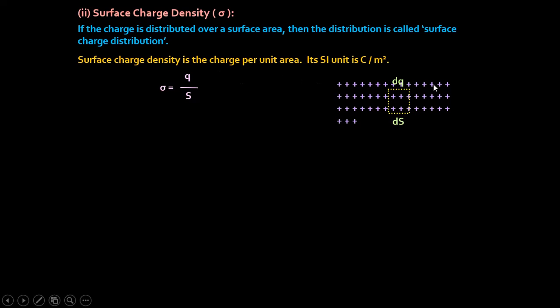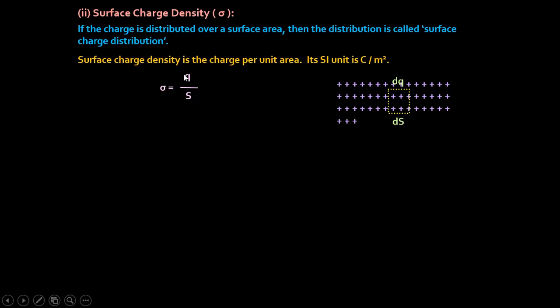In that case you can easily calculate the surface charge density: the total charge divided by the total area. Q is the total charge divided by S, the total area. Sigma equal to Q by S. That's it, you will get the surface charge density. But if this area is infinite, in that case we have to calculate the total charge by a different method. Here we have to take one small section whose area is ds. On this small area we assume that dq is the charge distributed.